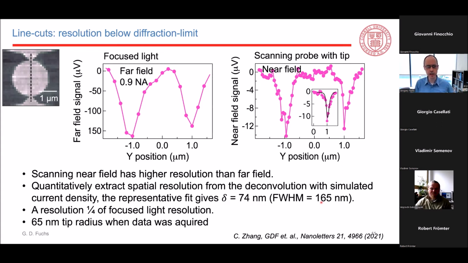So this is less than a quarter of the resolution of focused light. So we've quite far exceeded the diffraction limit here. And after imaging the tip in the SEM, we find that the tip radius was about 65 nanometers, which is quite consistent with what you expect in a near field experiment. The resolution really is just a function of how small the tip radius is.